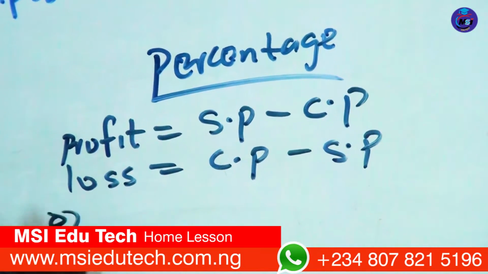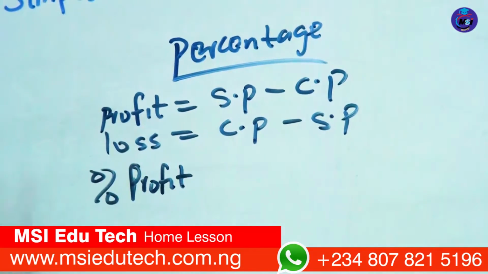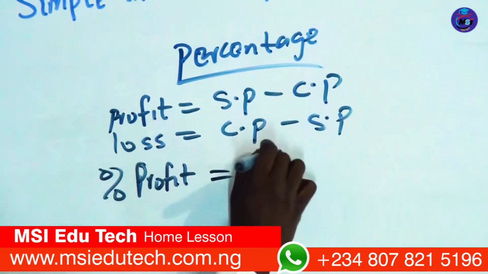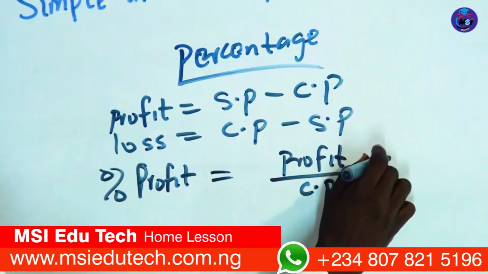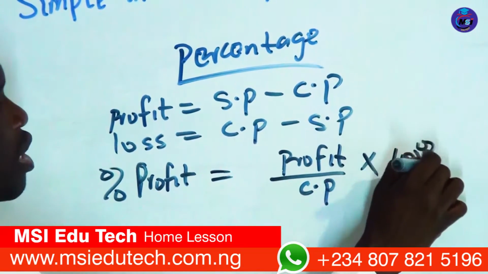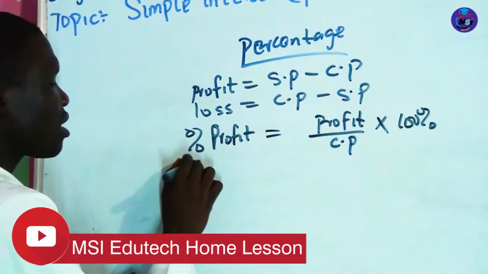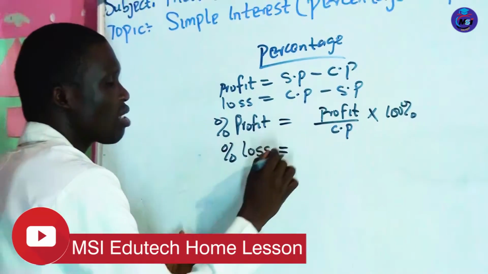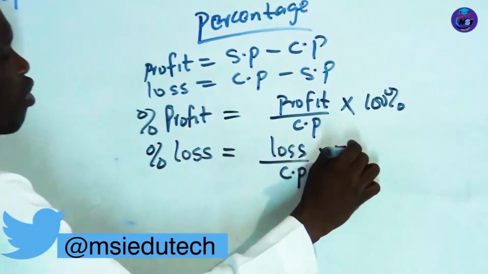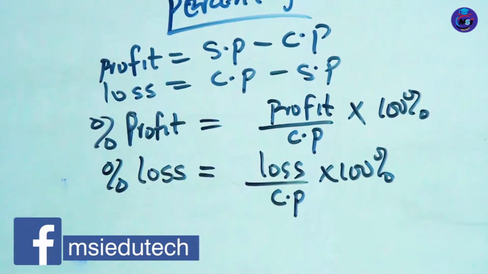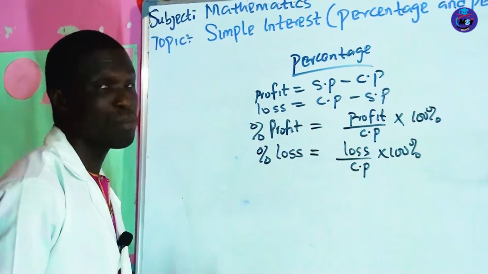Also, we have percentage profit, which is also called percentage gain. Profit all over cost price multiplied by 100%. Okay, now we also have percentage loss. Percentage loss equals loss all over cost price times 100%.